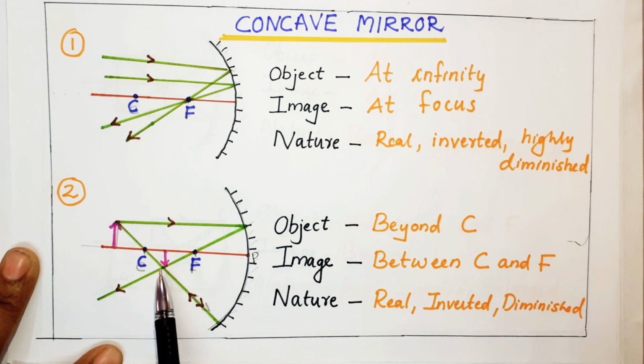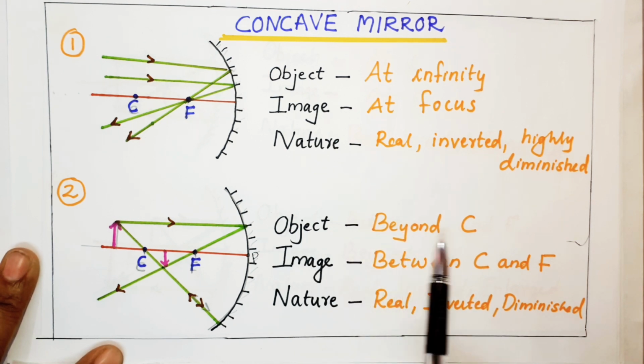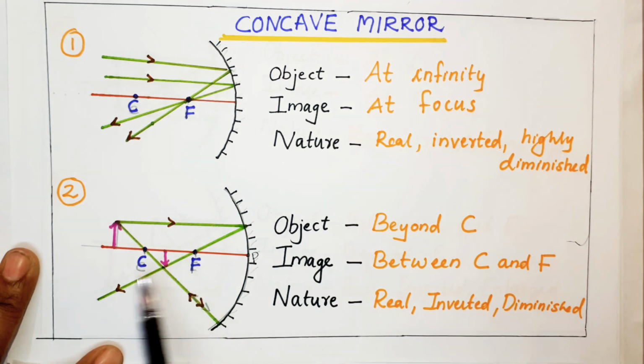And where we got that intersection, it is between C and F. So the object is placed beyond C, but the image is formed between C and F. The nature will be real because it is intersected, and it is an inverted image.